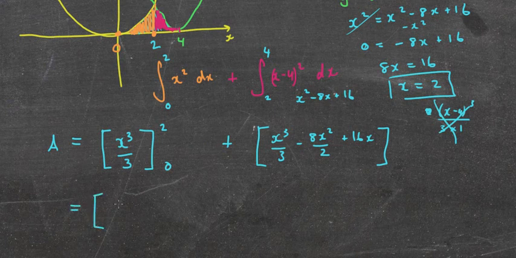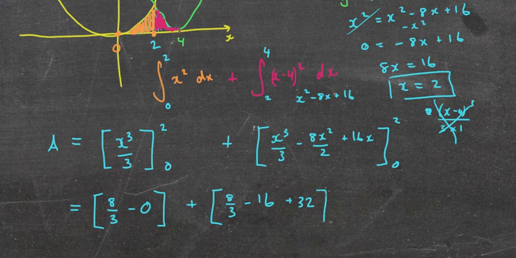2 cubed is 8, so 8 over 3 minus 0, because 0 divided by 3 is 0, plus, if I now substitute in, we've got 2 and 0 here, so 2 cubed is 8 over 3, minus 2 squared is 4, 8 fours are 32, 32 divided by 2 is 16, plus 16 times 2 is 32.